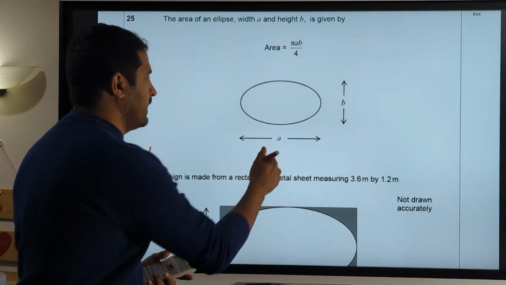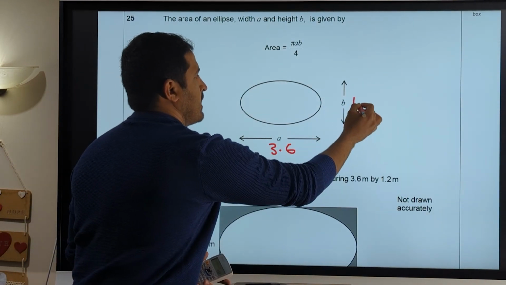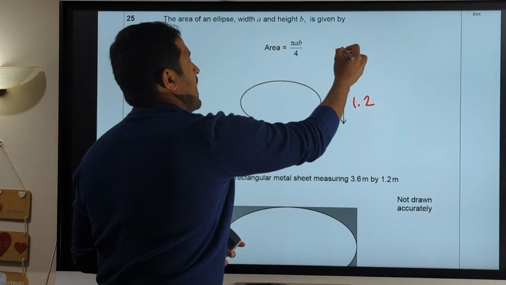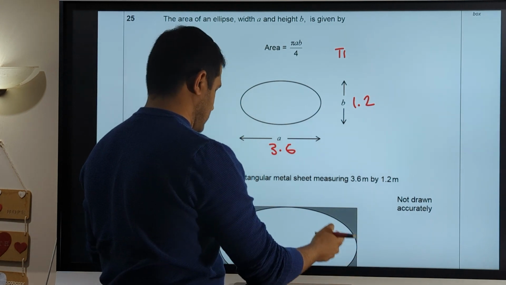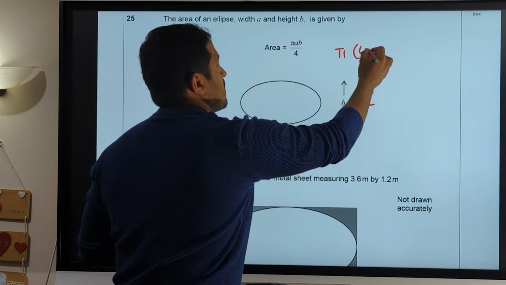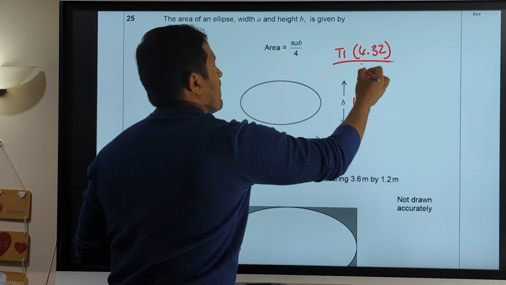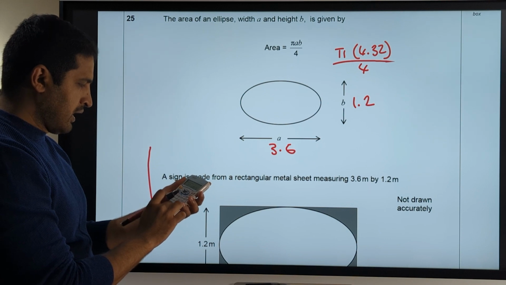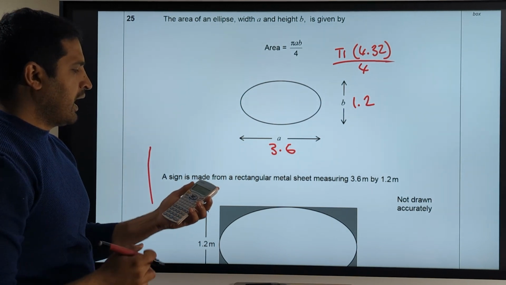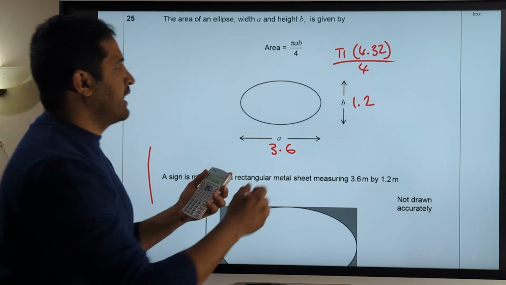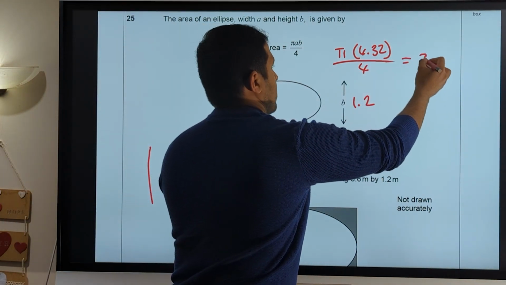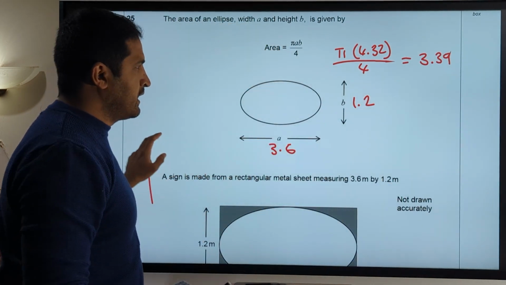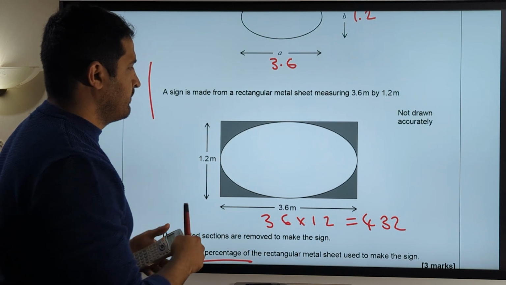So A is 3.6 and B is 1.2. Put those numbers in here. So we're doing pi times AB, which we already looked at is 4.32, divided by 4. Pi times that, and then divide it by 4. I get a big decimal number, but we're going to write it here to 2 decimal places: 3.39. So the area of this ellipse is 3.39.